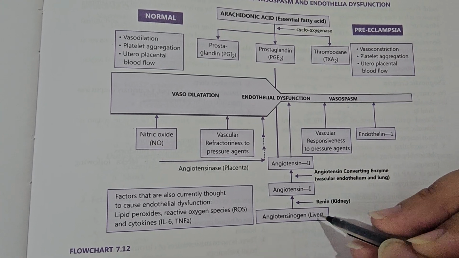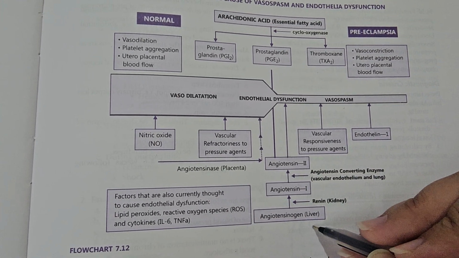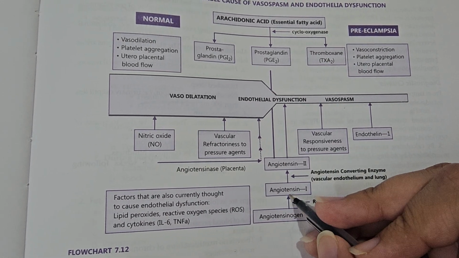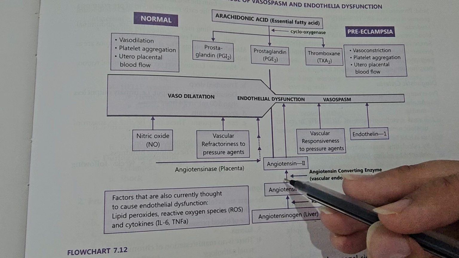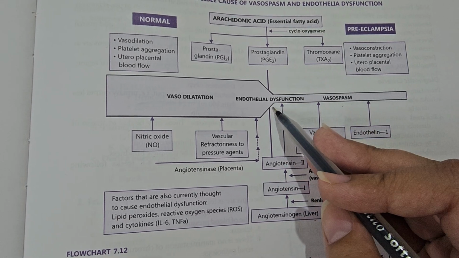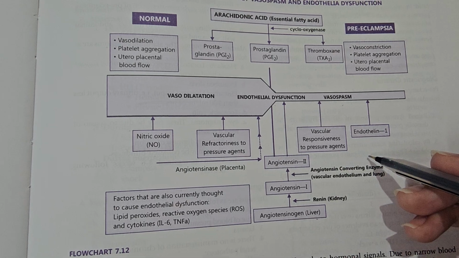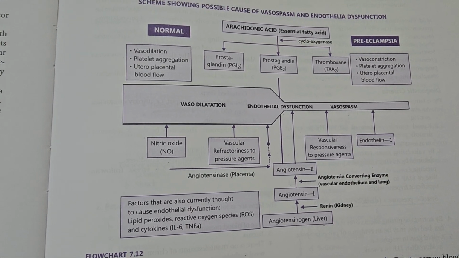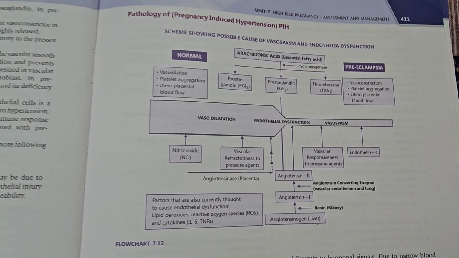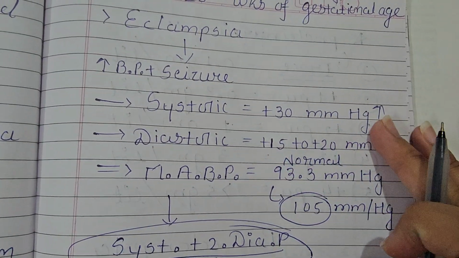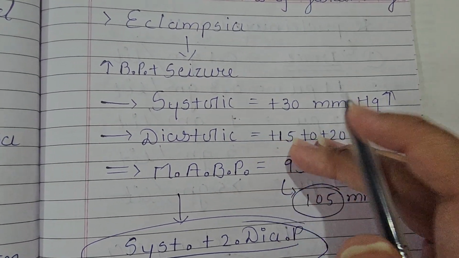For that, what happens? Angiotensinogen, produced by the liver, is converted into angiotensin 1 and 2, which leads to more and more endothelial dysfunction, increasing hypertension above 140 by 90 mmHg. In preeclampsia, blood pressure of more than 140 by 90 mmHg can be seen.